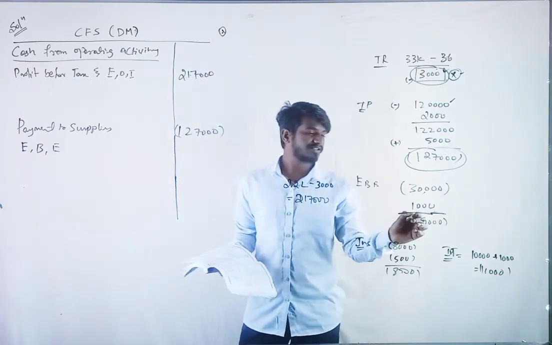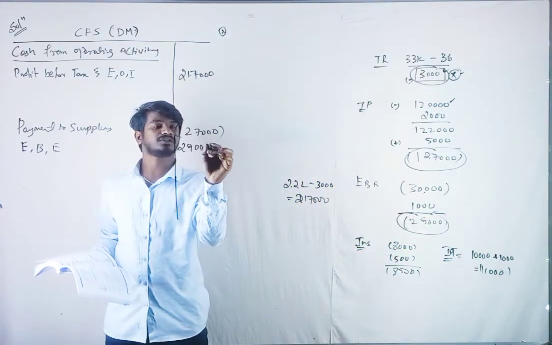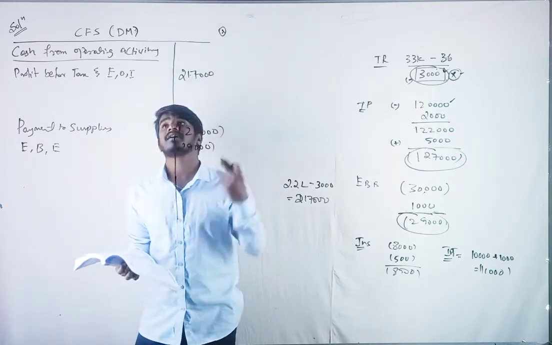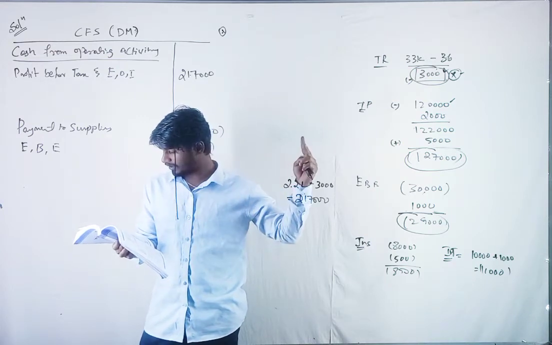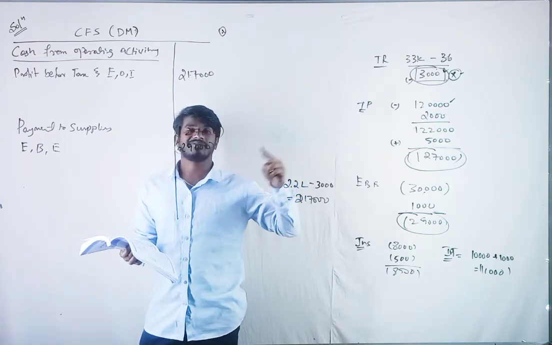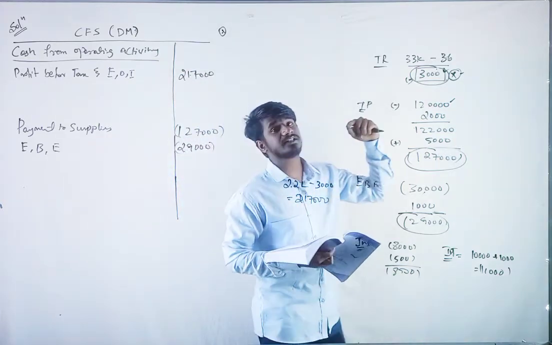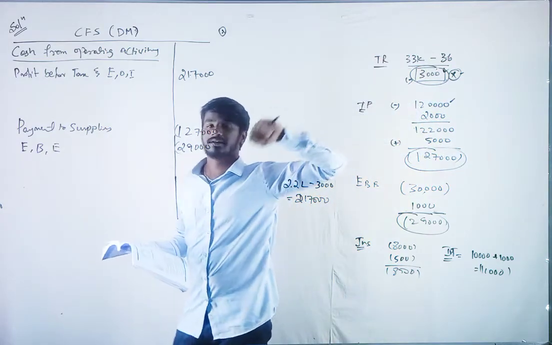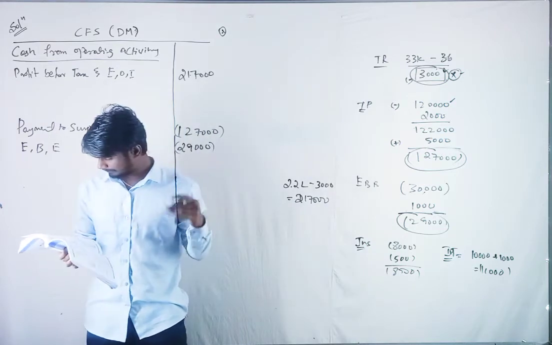Employee benefit expenses 29,000 in negative, because it is expense, we will minus it from the revenue from operation. Next, depreciation, non-cash and non-operating. We won't consider it in the direct method, but we will add it in the indirect method to the net profit. In the direct method there is no entry for this.